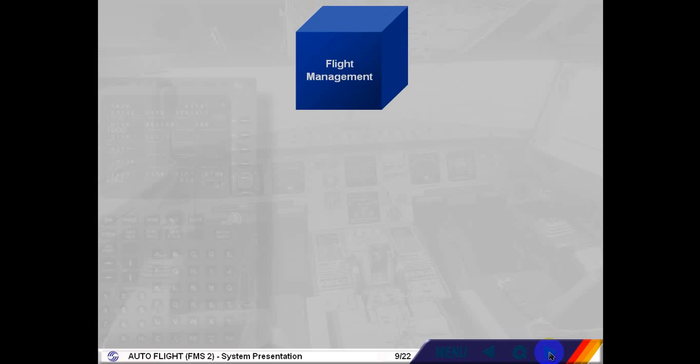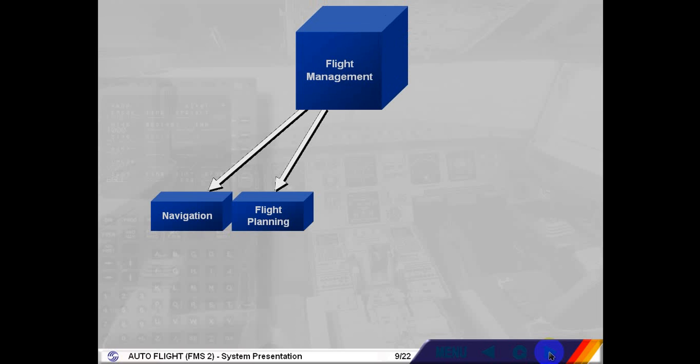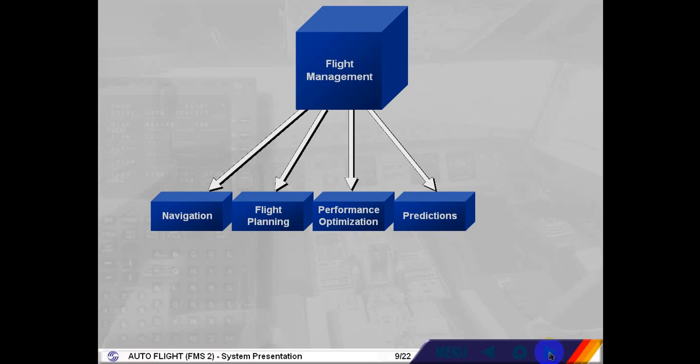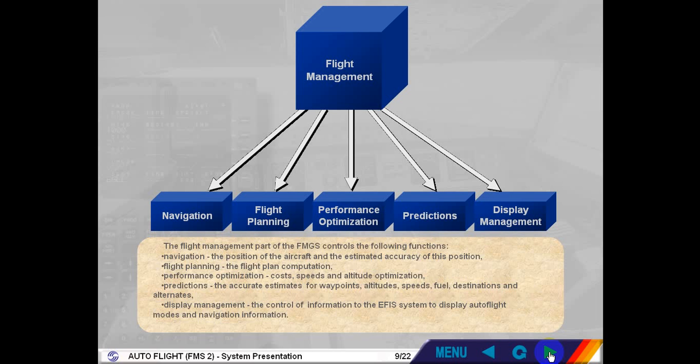The flight management part of the FMGS controls the following functions: navigation, the position of the aircraft and the estimated accuracy of this position; flight planning, the flight plan computation; performance optimization, costs, speeds and altitude optimization; predictions, the accurate estimates for waypoints, altitudes, speeds, fuel, destinations and alternates; display management, the control of information to the EFIS system to display auto flight modes and navigation information.